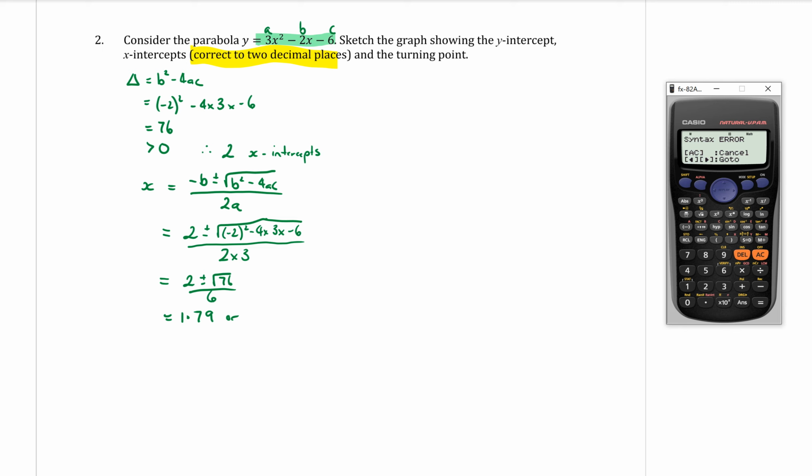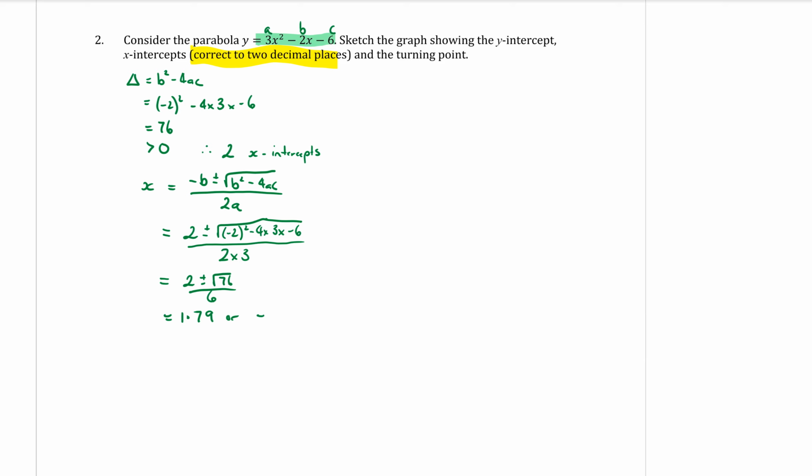Oh, I've done something wrong there. Anyway, I won't type it all in again. That was minus 1.12, which is what you should get when you type that in. All right, so we have found the x-intercepts.